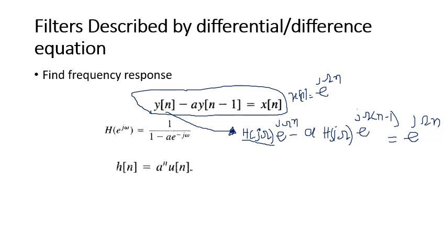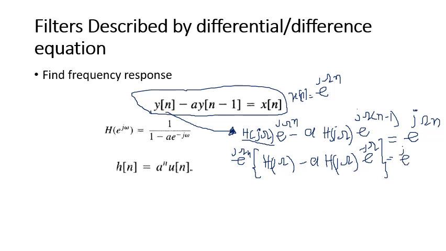I can take e power j omega n common from both sides, so I am left with H of j omega, or minus a H of j omega times e power minus j omega, and this is equal to 1, as e power j omega n cancels.